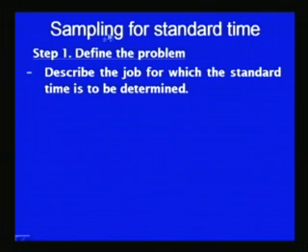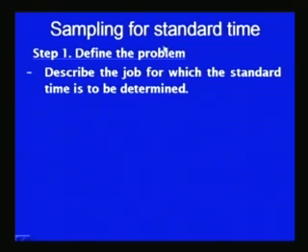First of all, it is required to define the problem: what is the purpose of carrying out the work sampling, and what are the objectives behind it, whether a time standard is to be set or it is just to be observed what is the percentage of ineffective time related with the machines or with the workers. So, describe the job for which the time standard is to be determined.